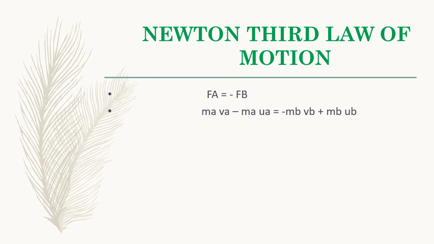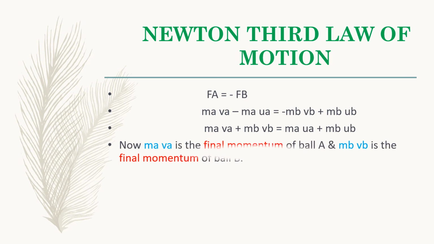Now on rearranging both sides, we will get ma va plus mb into vb on the left, and on the right hand side we will get ma into ua plus mb into ub. Now consider the left hand side of the equation. ma va is the final momentum of ball A, while mb vb is the final momentum of ball B. So if we add these two values, it will give us the total momentum after the collision.